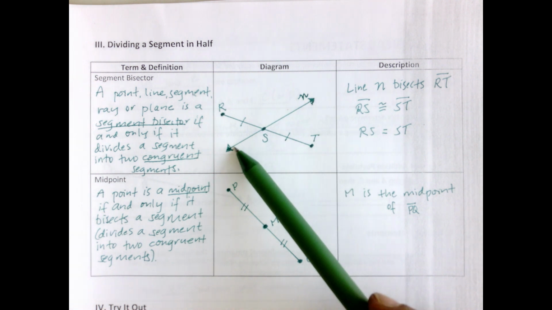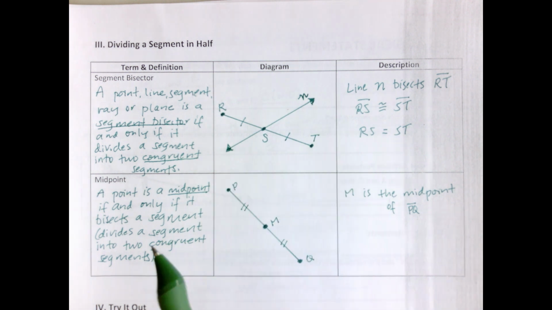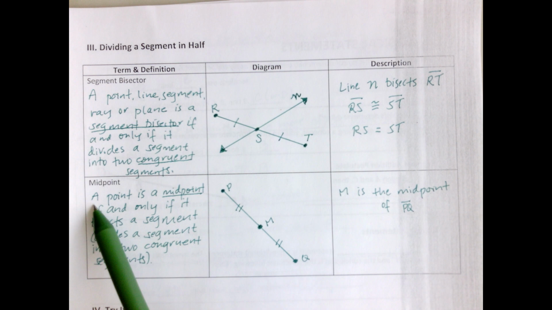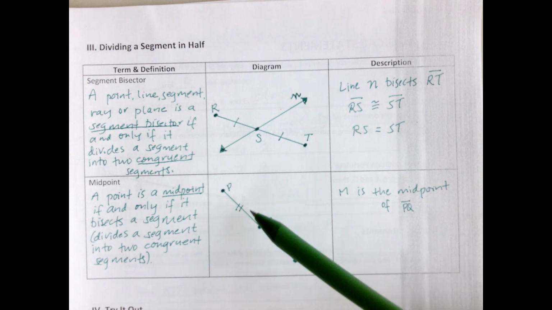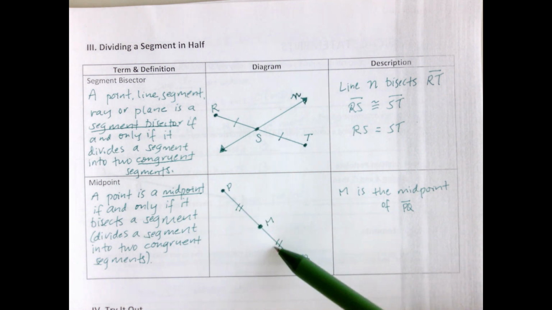We're going to see quite a bit of that. All right, so now on to midpoint. Let's take a look at what we have here. I see segment PQ. I see two sets of tick marks. Sometimes you're going to see 3, sometimes 4.